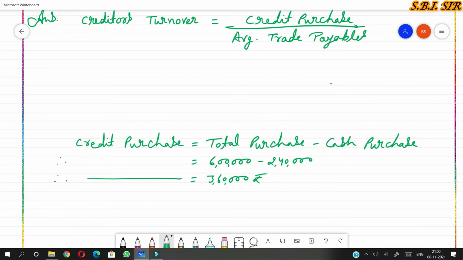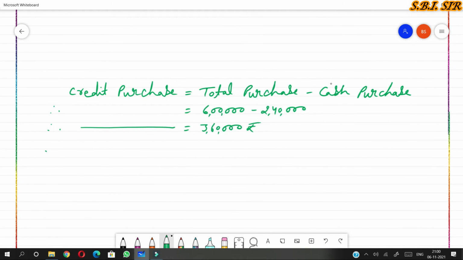Then we will find out total opening trade payables, which equals opening creditors plus opening bills payable.